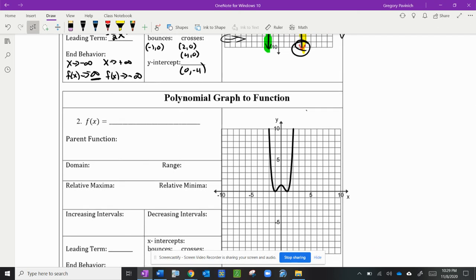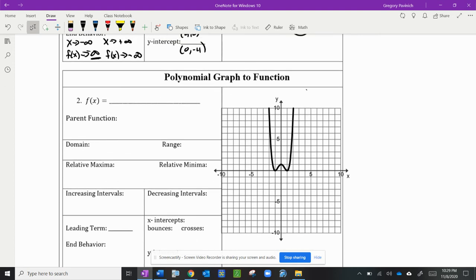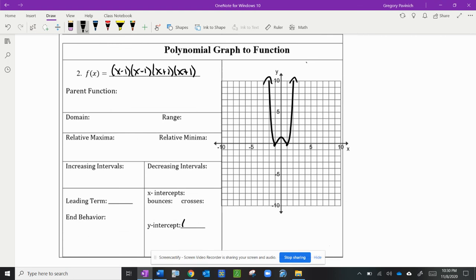Okay, my next graph is this W looking thing. And so I have two bounces, right? So I have one at x minus 1 times x minus 1 and x plus 1 times x plus 1. And it's going up and up. And my y-intercept is at 0, 1. If I multiply all my x's together, I get an x to the 4th.